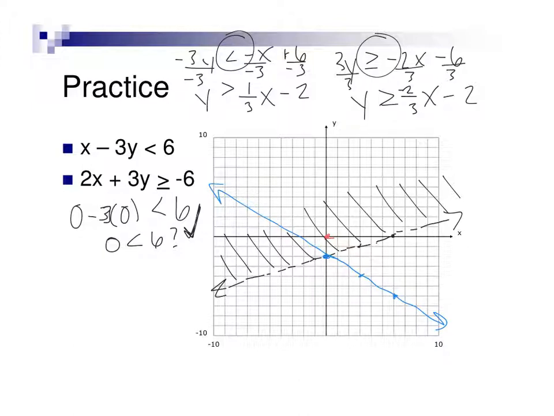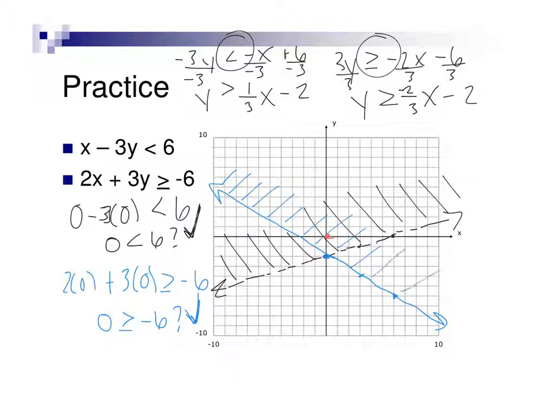All right, so for blue, I'm going to get 2 times 0 plus 3 times 0 is greater than or equal to negative 6. Okay, so is 0 greater than or equal to negative 6? Yes, in fact it is. All right, so again, I'm going to shade on the blue line towards 0, 0.